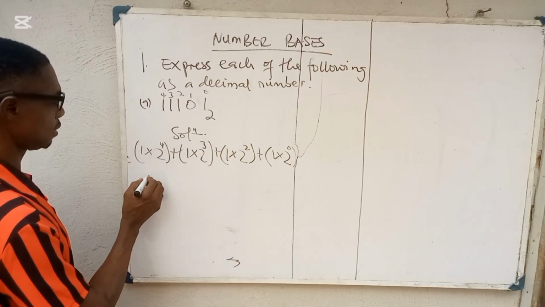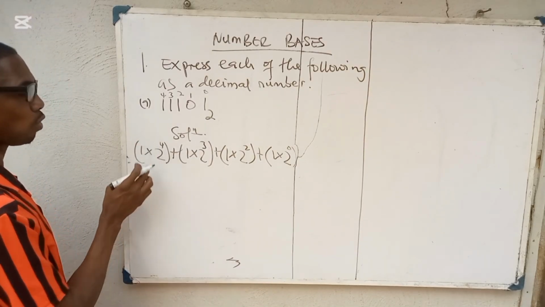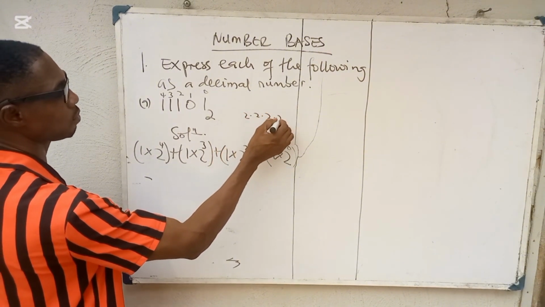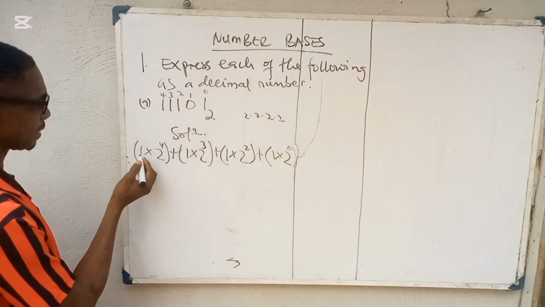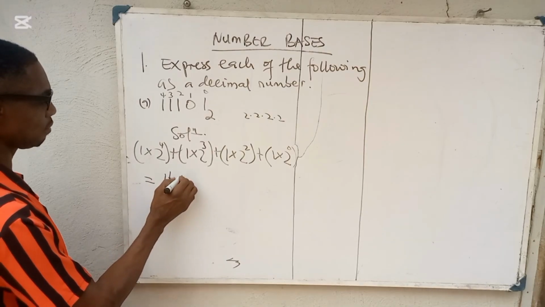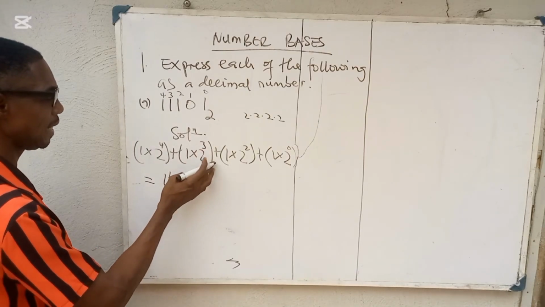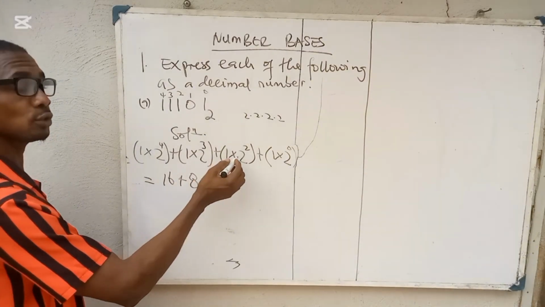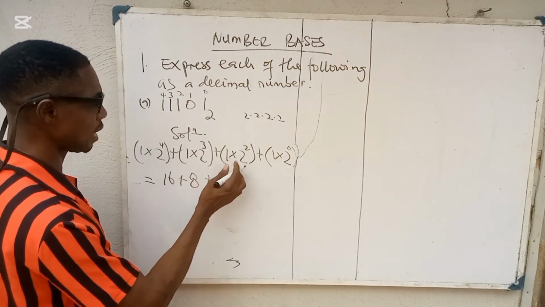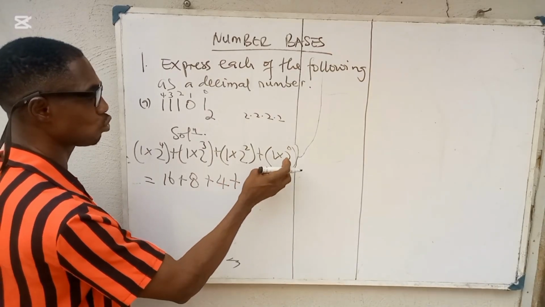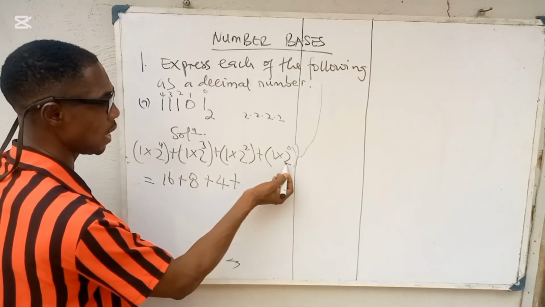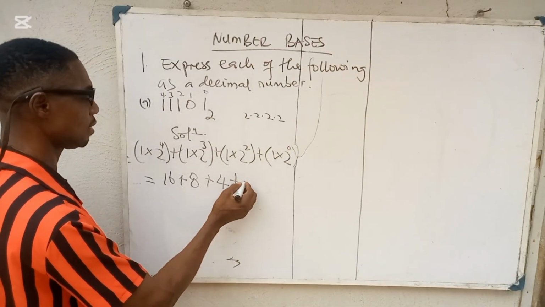Alright, 2 raised to power 4 means 2 times 2 times 2 times 2, which is 16. 16 times 1 is 16, plus 2 raised to power 3, 8 times 1, 8, plus 2 raised to power 2, 4 times 1, 4, plus 2 raised to power 0 is 1. Anything raised to the power of 0 is 1. 1 times 1 is 1.